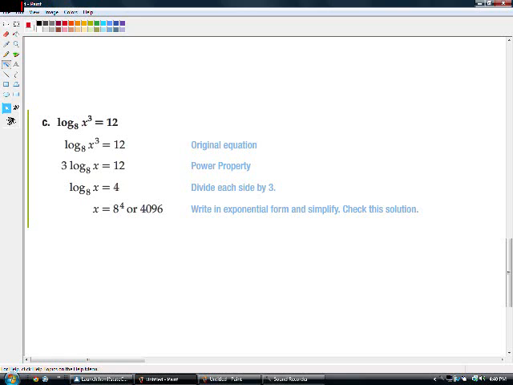Now you divide by 3 on both sides, and you get log 8x equals 4. Move them around, because that's what you do with a log. And x equals 8 to the 4th power, or 4096. On number C, we got the answer of 4096.